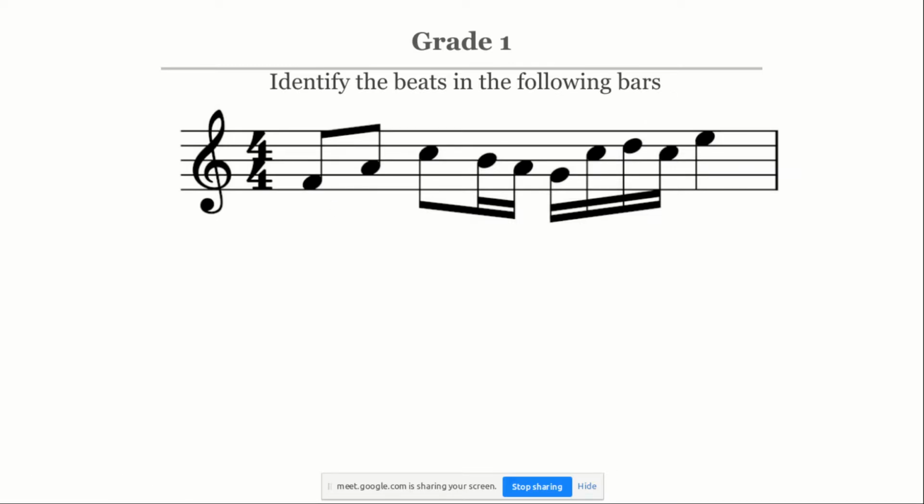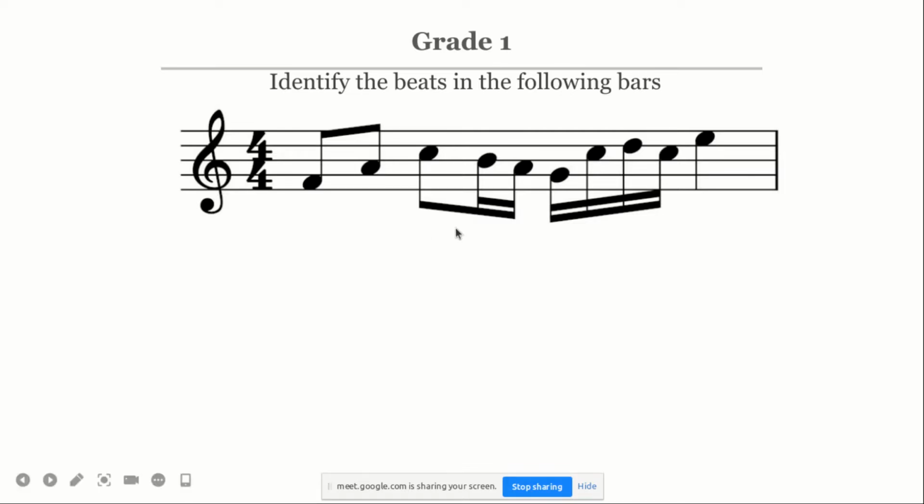So in total, the whole bar has got how many beats? Okay, 1, 2, 1... No. Let's see. Remember, a beat is a crochet. Yes. Like the first 2 quavers make a crochet. Yes. That is 1 beat.